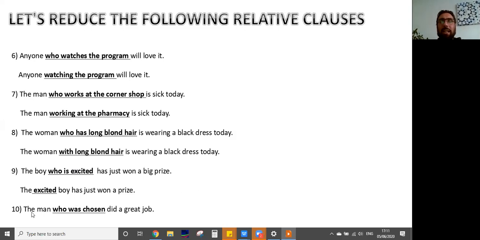Let's take a look at the last one. The man who was chosen did a great job. So what could we say here to reduce this relative clause?